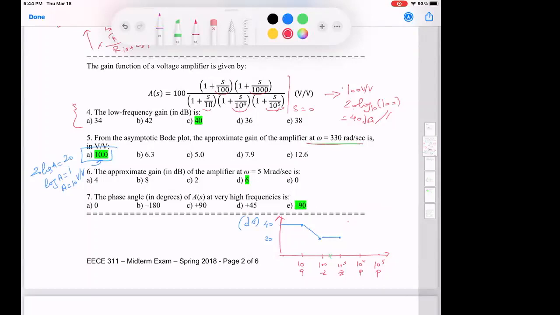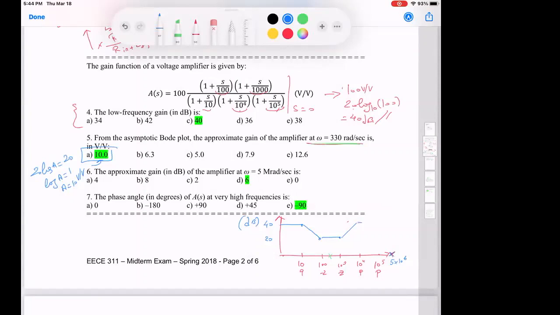Let's see. That is 5 times 10 to the 6. So this is going to be somewhere here. Okay, so let's see how the graph is going to behave. I hit another zero, I go up plus 20 dBs per decade.